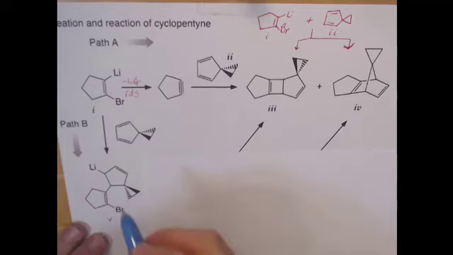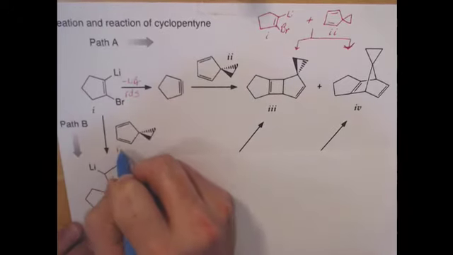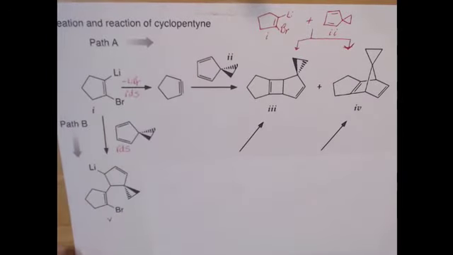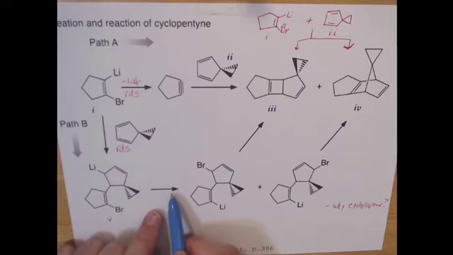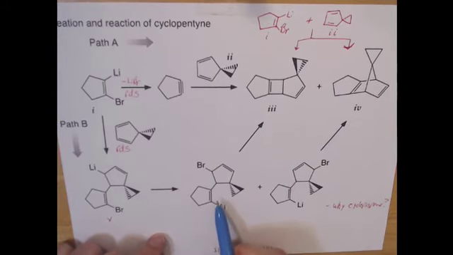Now again, this bimolecular step would be the rate determining step for this reaction. Of course, 5 can then undergo a series of reactions which would all be much faster, that involve rearrangement of the lithium and the bromide.